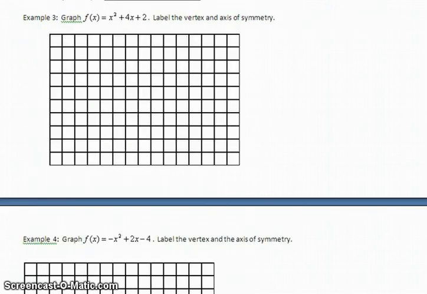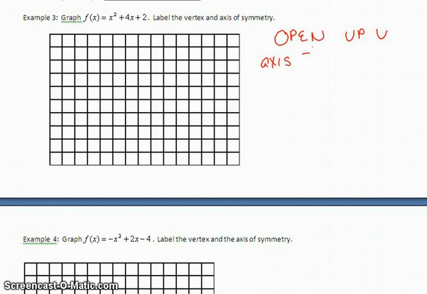So let's take a look at example 3. Let's take a look at f of x equals x squared plus 4x plus 2. Label the vertex and the axis of symmetry. We can tell a lot about this graph from the equation. First, a is 1, so it's greater than 0, so I know that my parabola is going to open up like that. Next, to determine my axis of symmetry, where can I fold it in half?